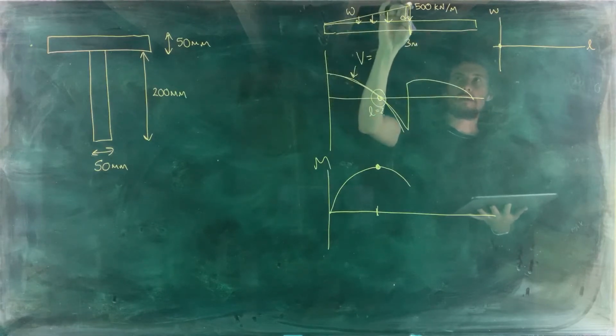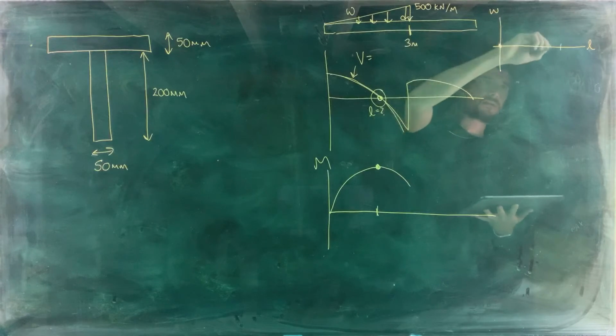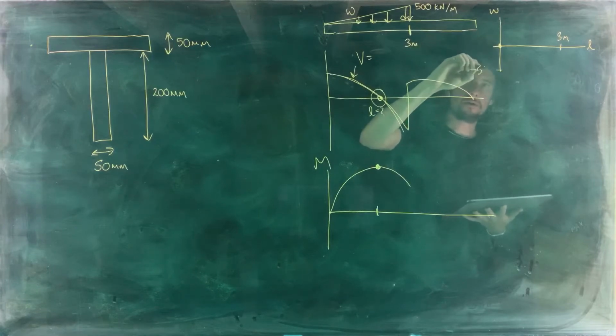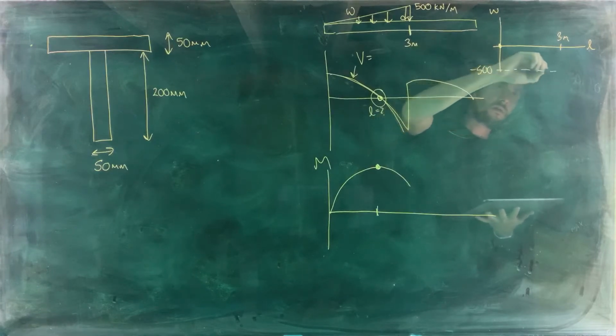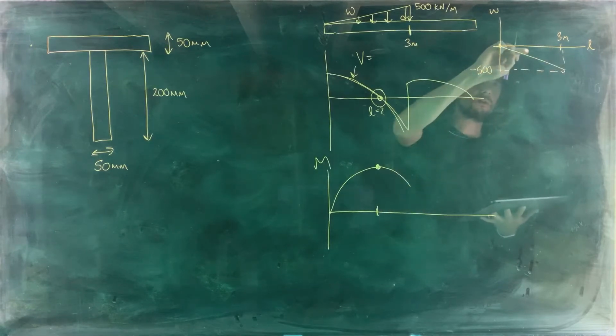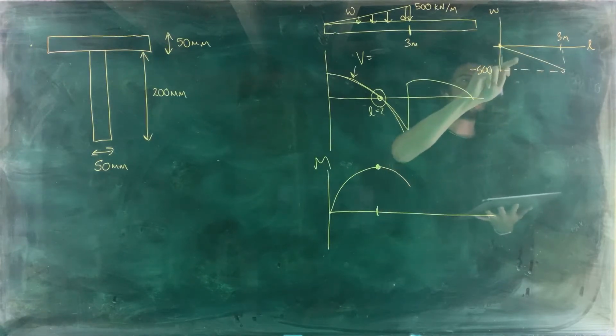But at 3 meters, the value of W, because it's a downward load, is minus 500 here. So the line that you want to create the equation for W for is this line here.